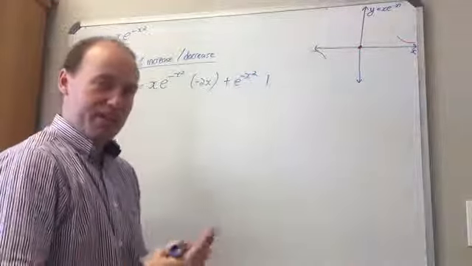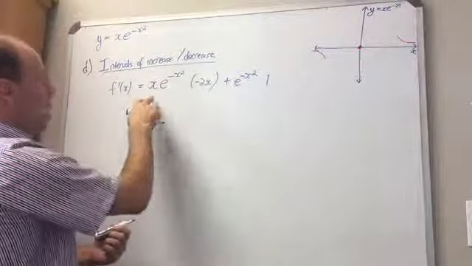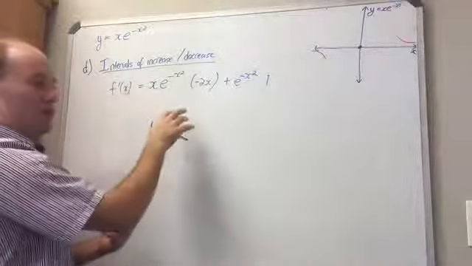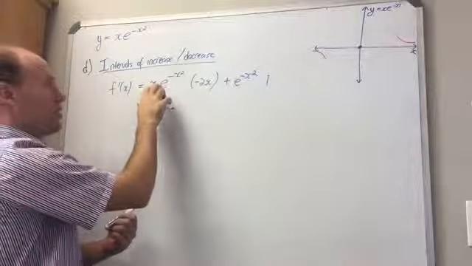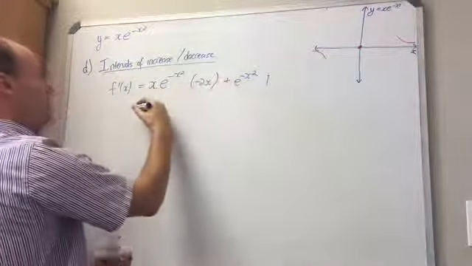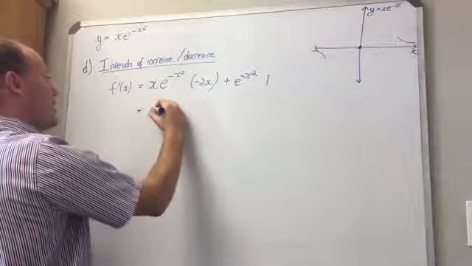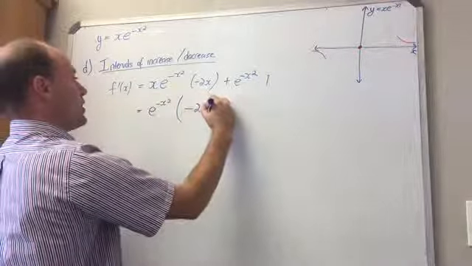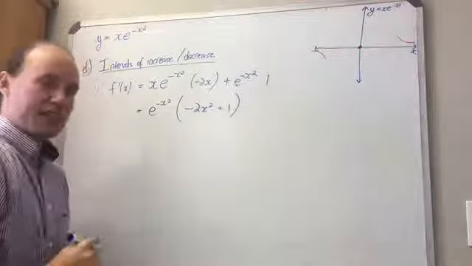Now in all these exponential type problems, when you do the product rule, you'll have an exponential appearing in the first term and in the second term. So you can take it out as a common factor, and then I've got 1 minus 2x squared as my second factor.